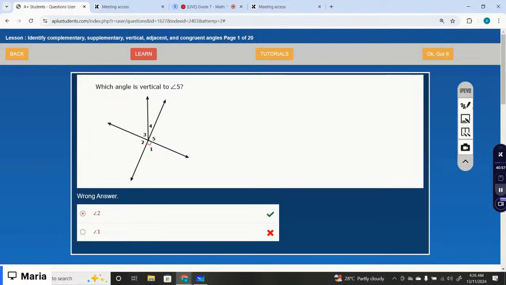Vertical angle to angle 5 is, sorry, I thought adjacent angle, it is angle 2, right? This is angle 5 and this is angle 2. They are on the opposite sides of the intersecting line. So angle 2 is the correct option.